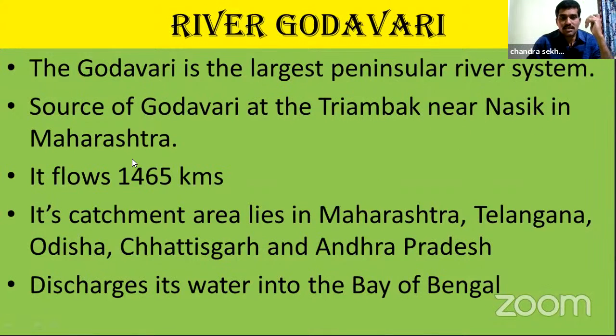It flows 1465 kilometers in length and discharges its water into the Bay of Bengal near Dhavaleshwaram. Its catchment area lies in Maharashtra, Telangana, Odisha, Chhattisgarh, and Andhra Pradesh. So these are the states having the catchment area of river Godavari. And finally, it discharges its water into the Bay of Bengal, and it has so many tributaries.